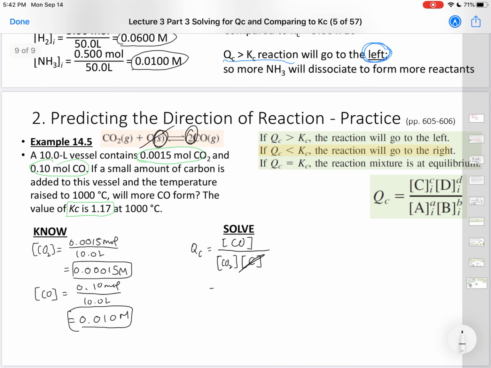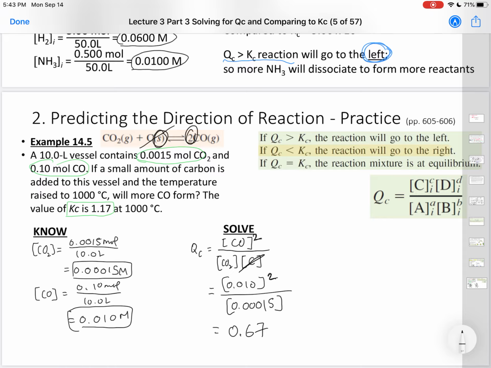So let's plug in our numbers. Our CO is 0.010 squared, divided by our CO2, which is 0.00015. So this comes out to 0.67.